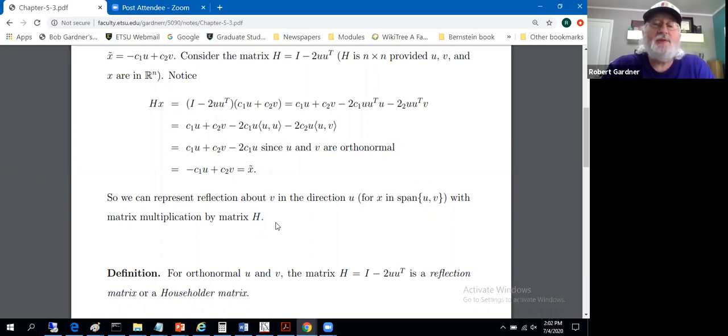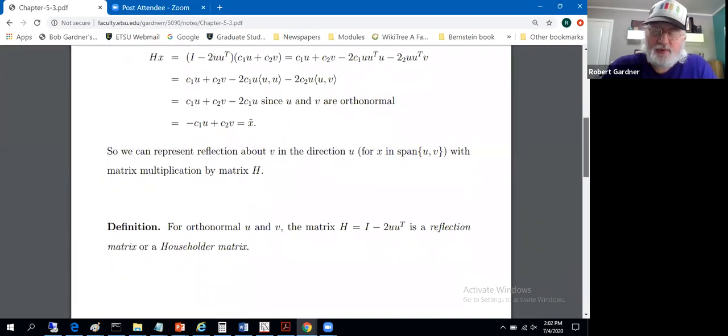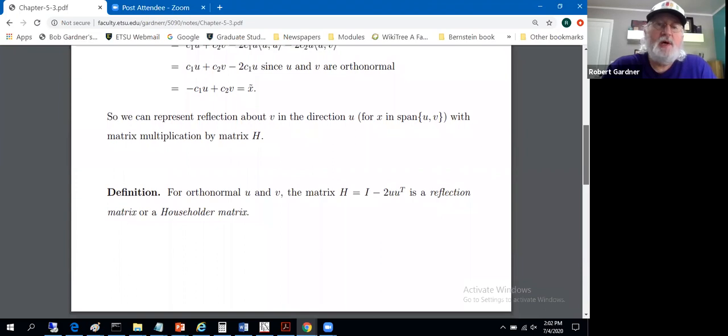So reflections about a vector v in the direction of u are totally linear transformations because they're represented by matrices. All linear transformations in the traditional sense are represented by matrices. Gee, you did that in linear algebra.